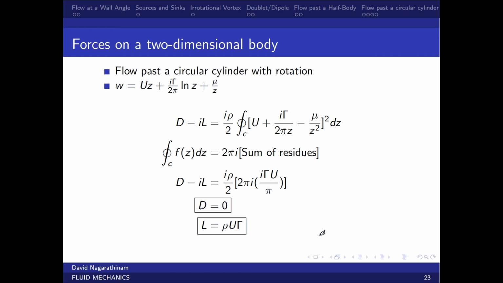Now let's consider the case of flow past a circular cylinder with rotation.